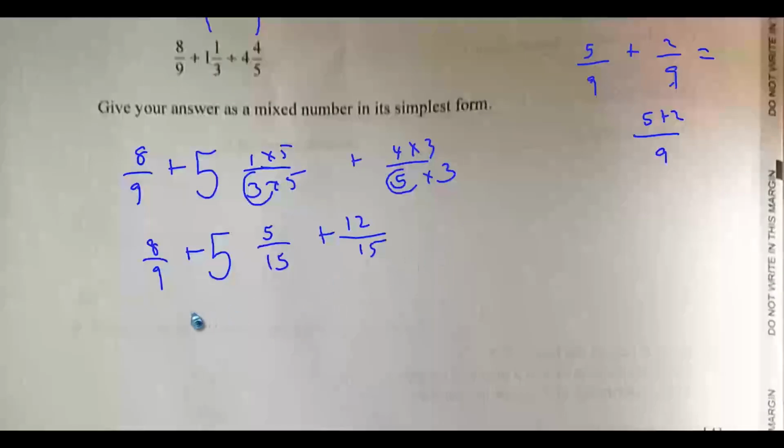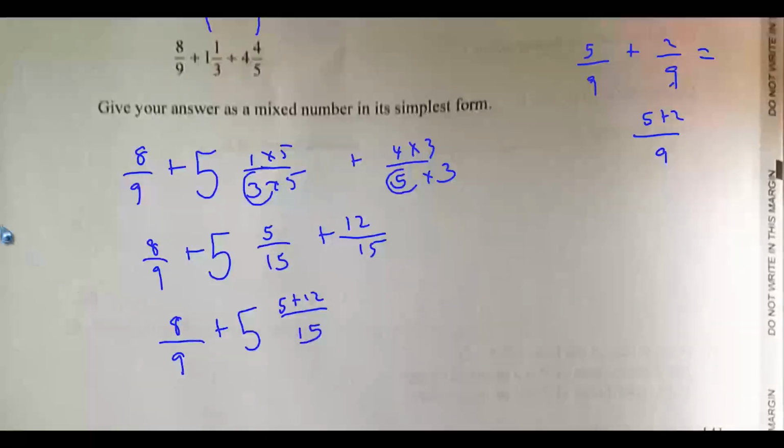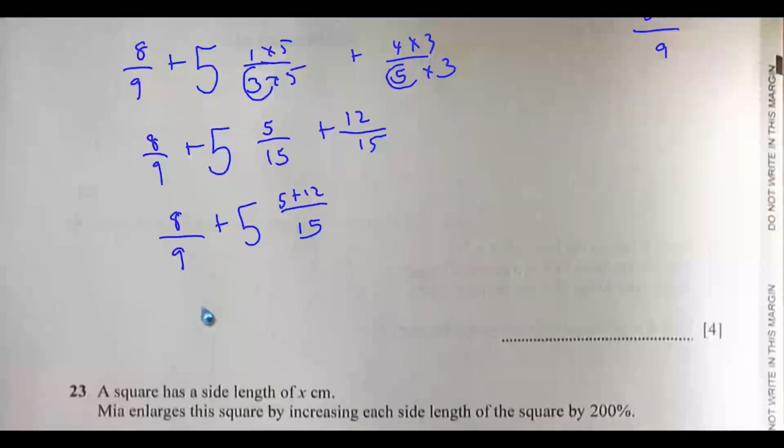So this will give me 8 over 9 plus 5 whole. Then 5 add 12 over 15. Okay, then 17 over 15.